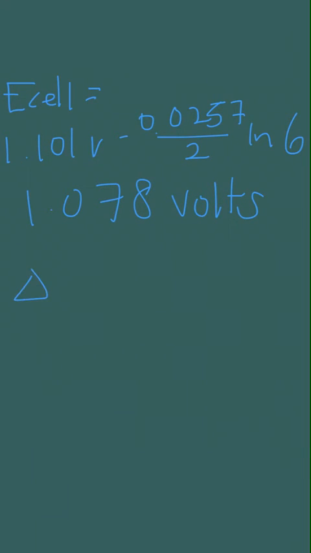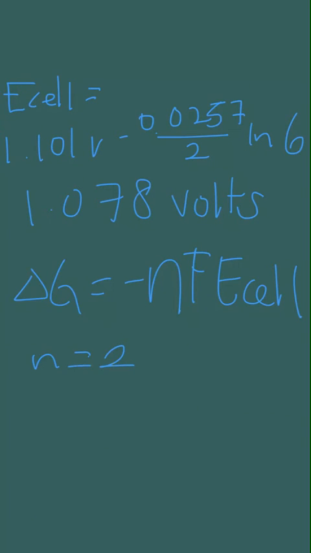Now we want to solve for the free energy change for this cell. So we use delta G is equal to negative nFE cell. Now we know that n is equal to 2, and we know that F is equal to 96,500 coulombs per mole electron. And we have E cell right here.